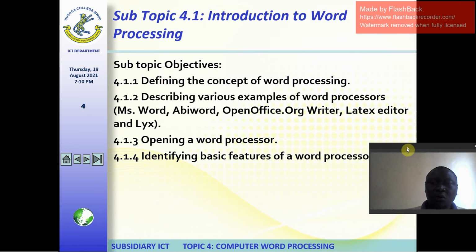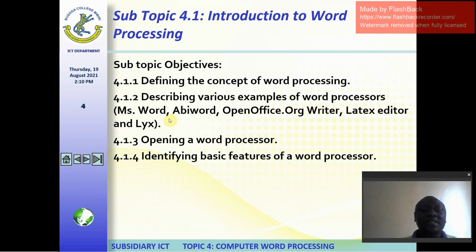For example, the different word processors, we have MS Word, we have AbiWord, OpenOffice, and so on. You can research as many as you can. Of course, I'm not limiting you to what you can find out. Now, we shall also learn opening a word processor. And lastly, we shall look at identifying the basic features of a word processor.